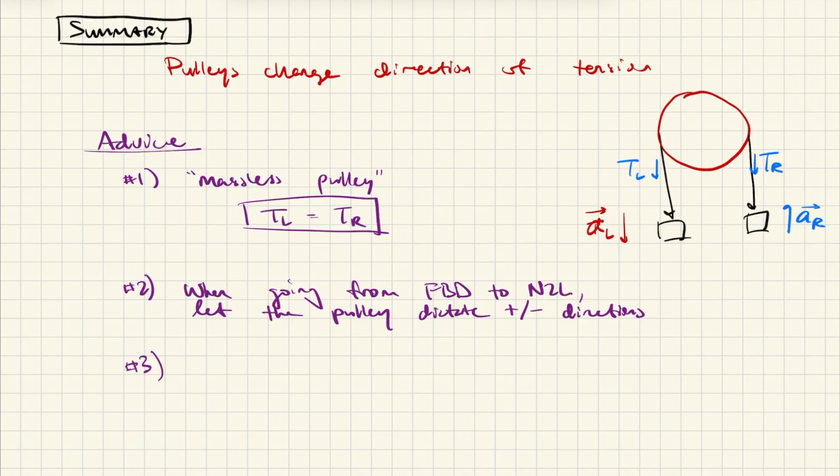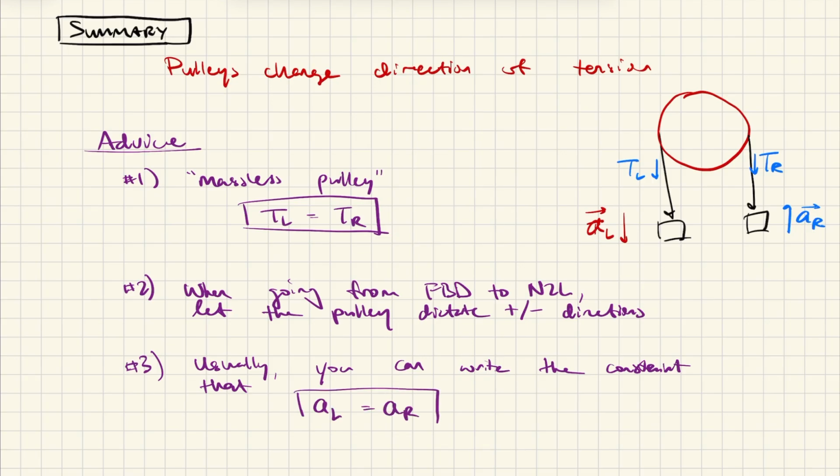And so usually you can write the constraint that AL equals AR. This is another useful thing to look out for when you're doing the constraints part of solving a force problem.